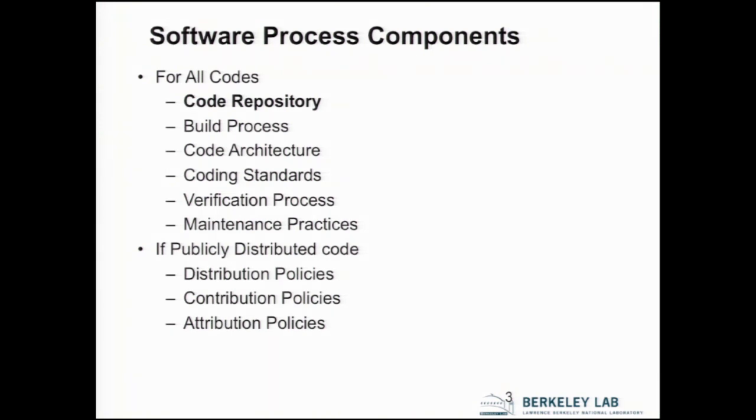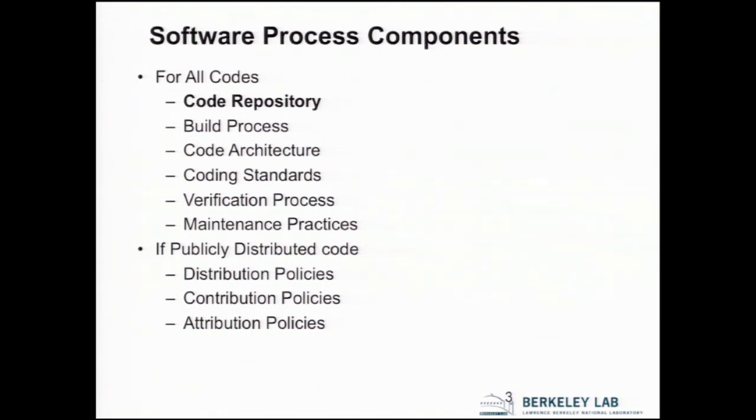You have to worry about a build process, because chances are you will have multiple files, and each system will have its own idiosyncrasies that you have to cater to. So you should have a build process. You should have a code architecture, coding standards, verification process, maintenance practices.